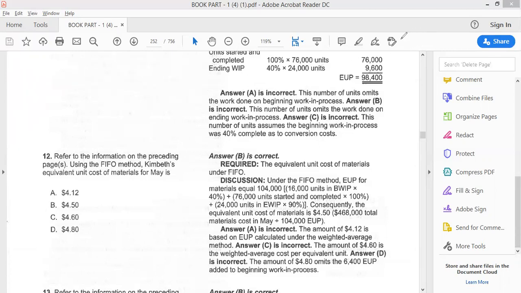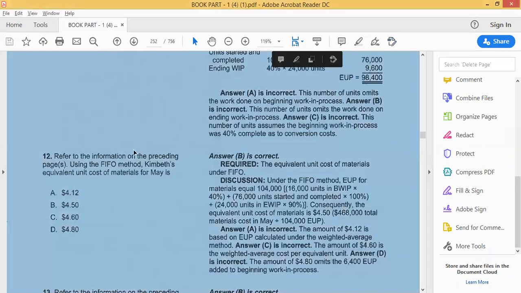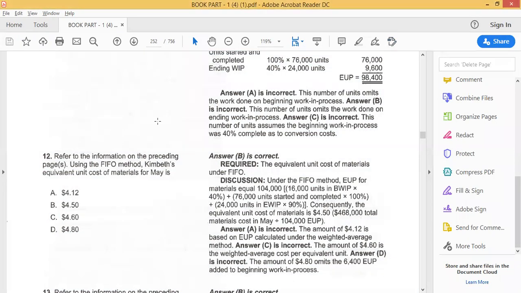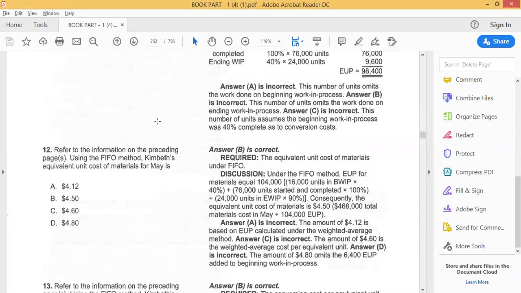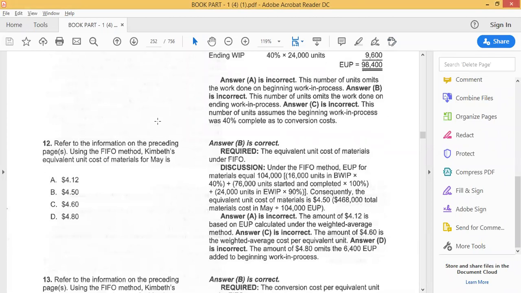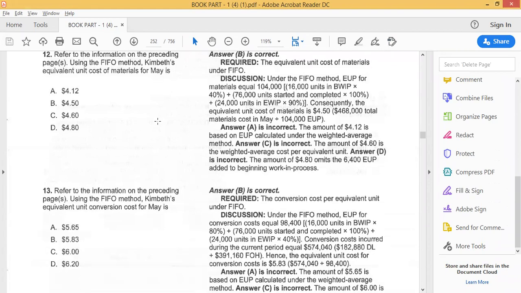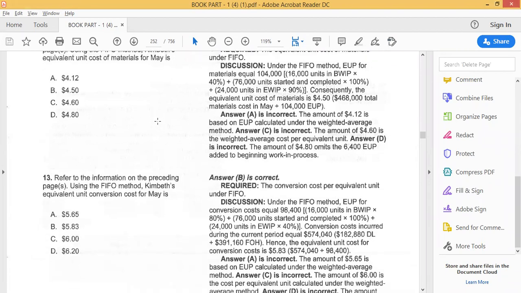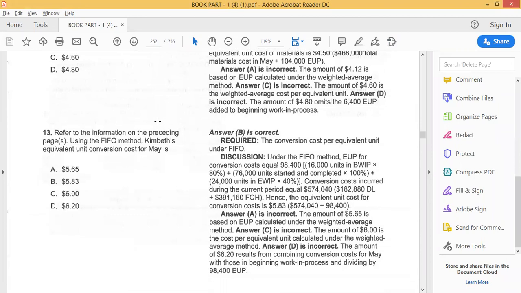Students, we will do the next question because remember, in order to solve question number 9, we need per unit material cost and we need per unit conversion cost. So per unit material cost we already got. Now we will take a look at per unit conversion cost. Students, the formula will remain the same in order to calculate per unit conversion cost by using the FIFO method.